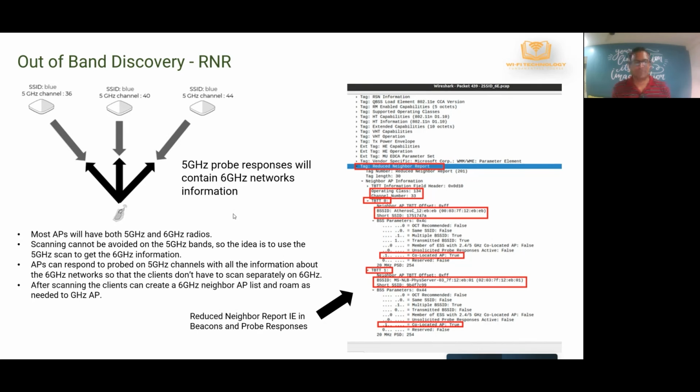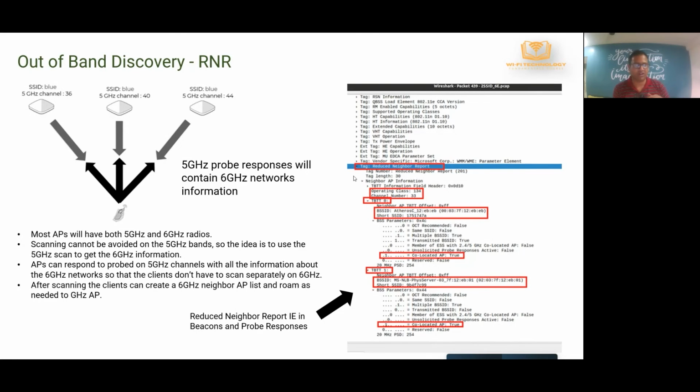Right. So this is what we call a reduced neighbor report, or RNR, frame that basically contains information about the 6 GHz networks, and that is transmitted over a 5 GHz probe response. And so this allows the station to never actually go and scan on the 6 GHz band.